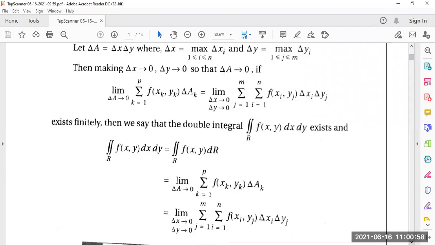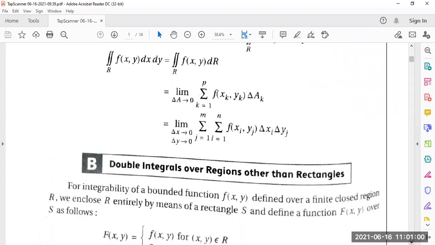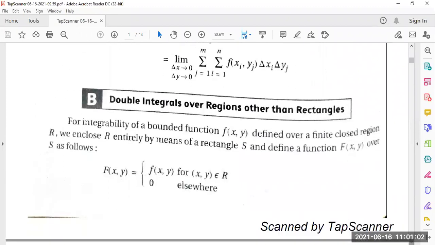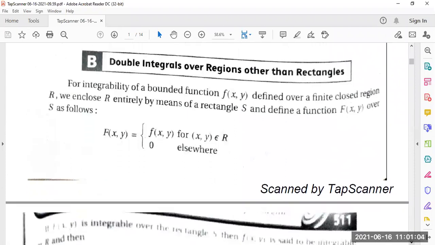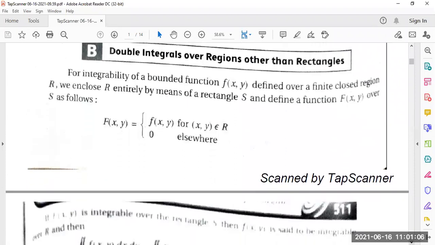But this theorem is also required. Now we are going for the double integral over a region other than the rectangle. Previously it was a rectangle, but we can take the double integral over regions other than a rectangle, right? Why is this double integral needed? Can you give me an explanation about this?